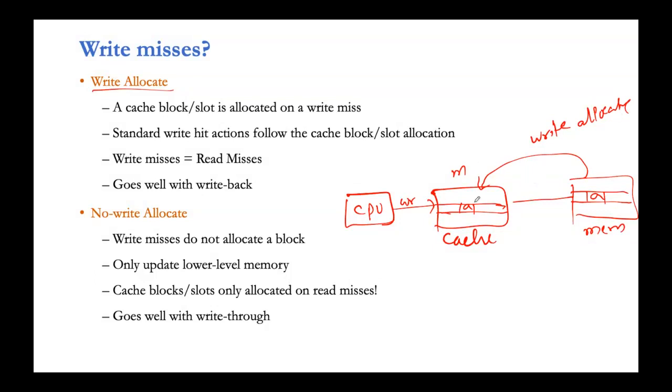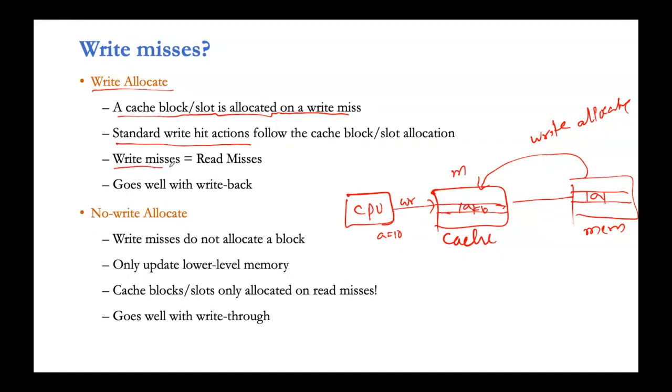Once it is brought into your cache line, your cache will write A. Suppose A is equal to 10, that is going to be written. So in write allocate, a cache block or slot is allocated and the block is fetched from main memory to cache, and after that the standard write hit action takes place. In that it is going to write A equal to 10.